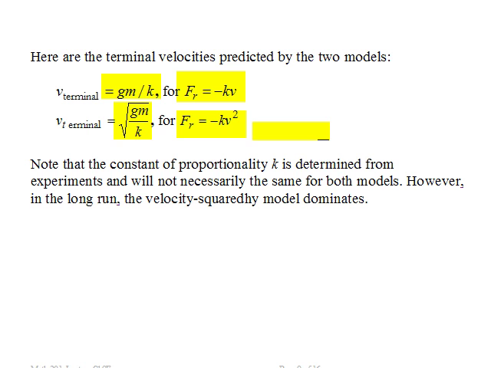We chose two of them, and we solved one using an integrating factor, and we found the steady state solution. The steady state solution is gm over k, and that steady state solution is the equilibrium value. That is the velocity that is approached asymptotically. This is the terminal velocity. Now, when we use the other model, that the resistive force is proportional to velocity squared, then we come up with a different result. The terminal velocity is the square root of gm over k.